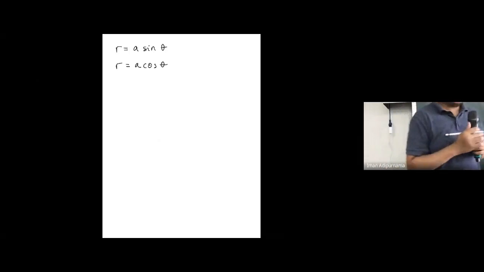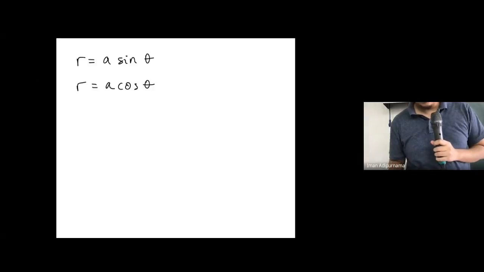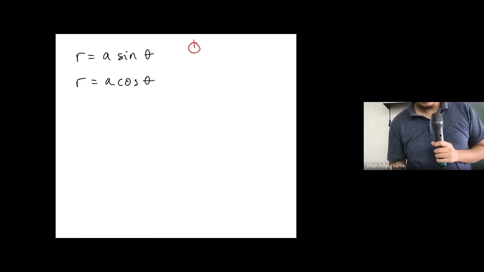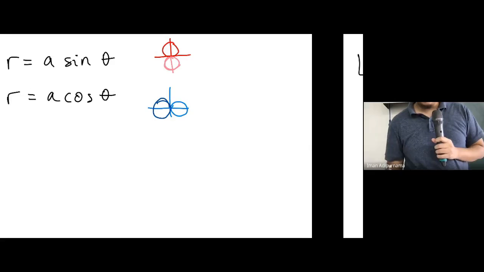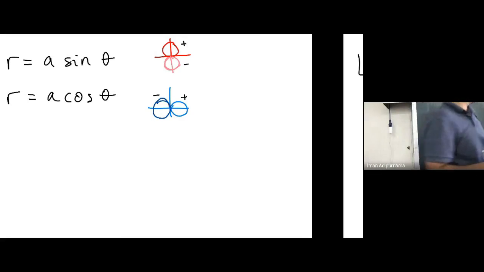Now the difference: sine has this and this, depending on positive and negative, and cosine has this and this. This is positive, negative, positive, negative. And how we use which one is negative, which one is positive. Let me give you an example.